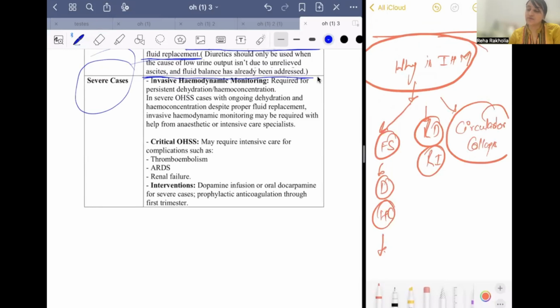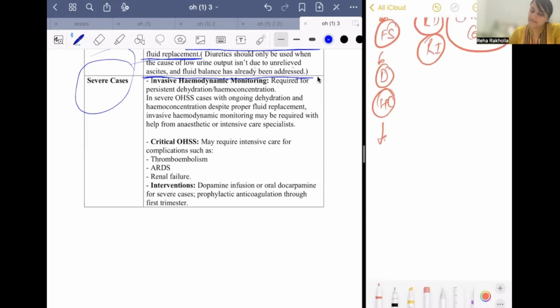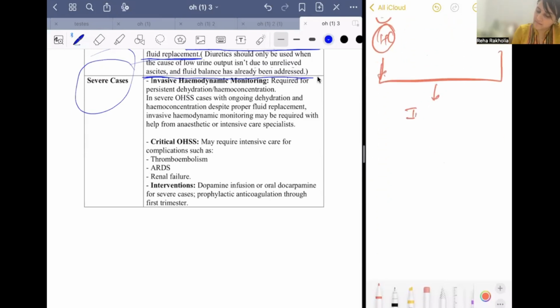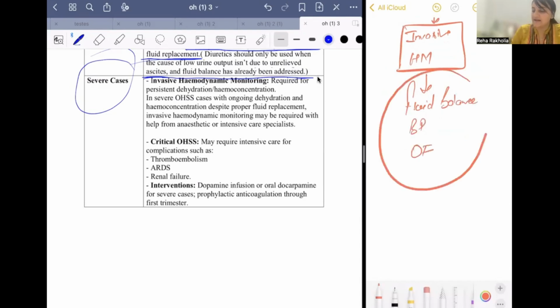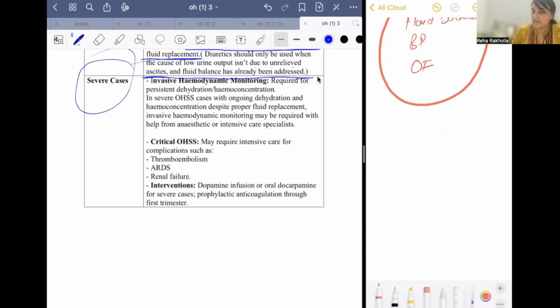Okay, so to manage these complications, doctors use invasive hemodynamic monitoring to track fluid balance, blood pressure, and organ function in real time, allowing for precise treatment and adjustment.